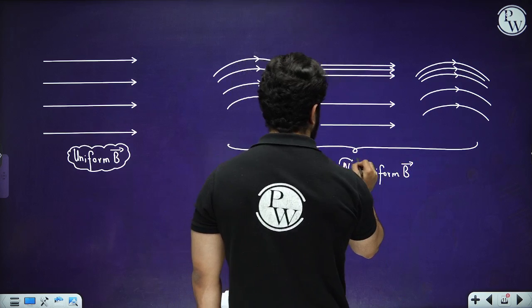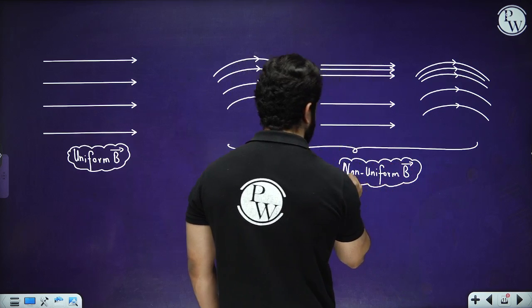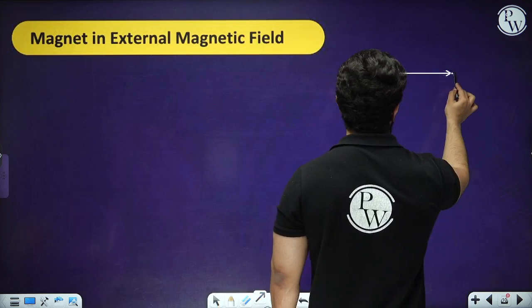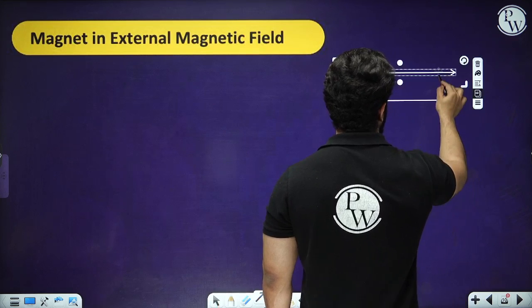All right. So now with this, let's move back to our topic, magnet in an external magnetic field, and right now I am considering this to be a uniform magnetic field.